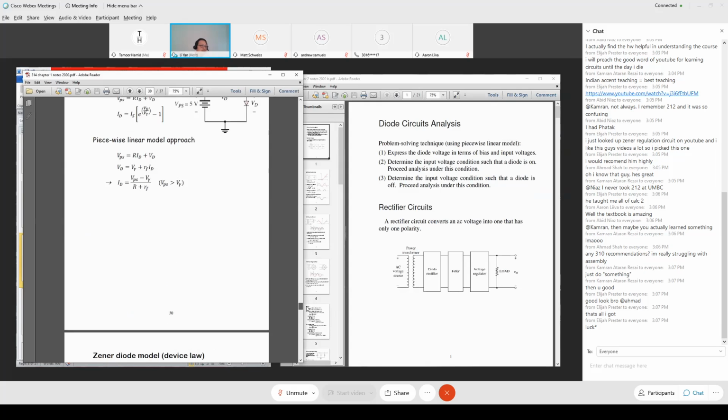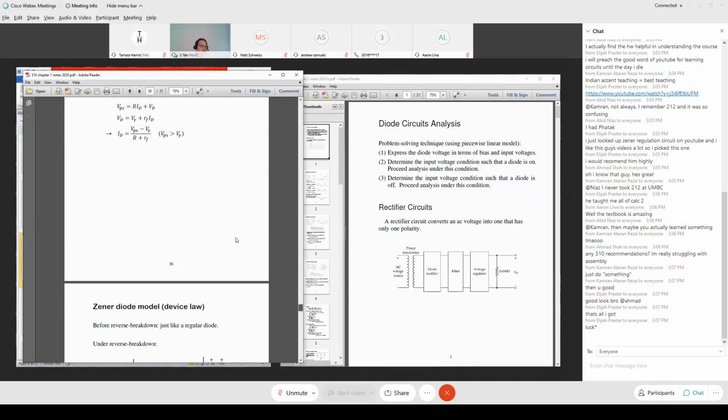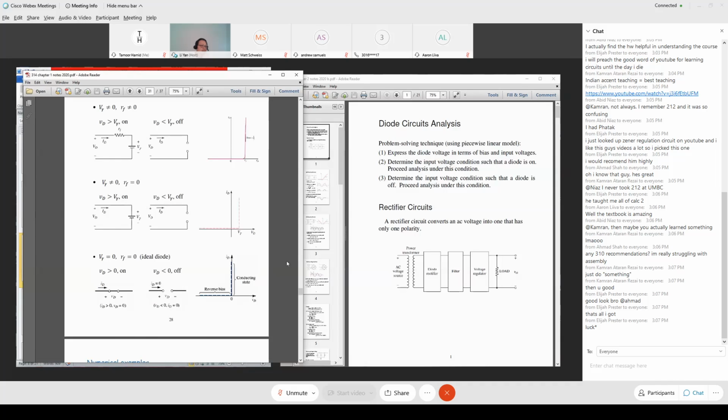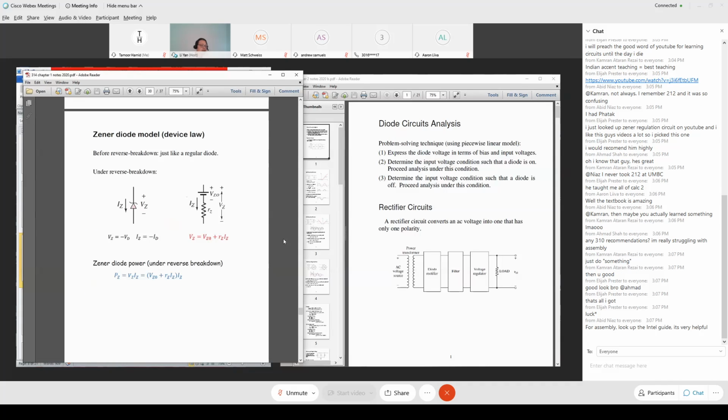Ideal or not ideal means if RZ is 0, the Zener diode on the reverse breakdown is ideal. It breaks down at just a single point. If non-ideal, then the larger Zener current you get, the Zener voltage changes a little bit.